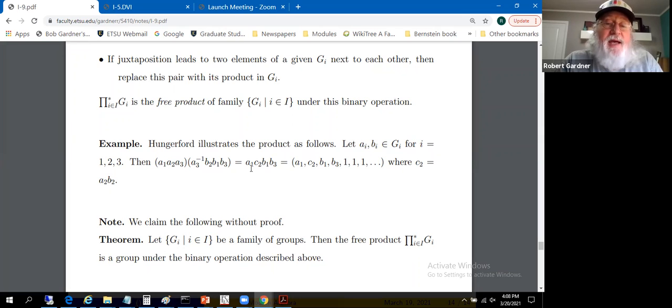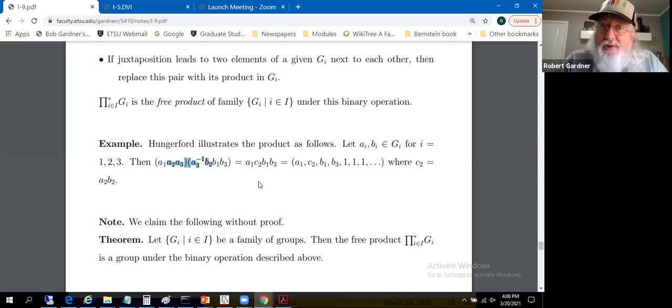So we're going to write this as A1, C2, B1, B3, where C2 is the product of the A2 and B2. So we kept the A1 up front. We kept the B1, B3 on the right-hand side. And these four terms simplified down to what we represented as C2. First, A3 inverse, gone. Eliminate that. Then we need to account for the A2, B2, this A2, this B2, represent as C2.